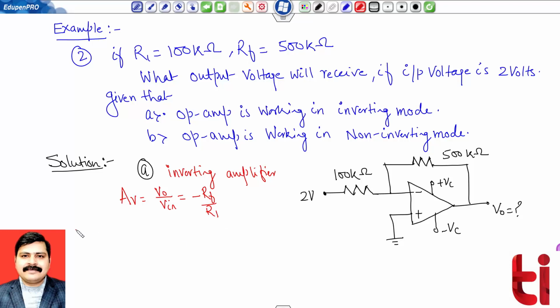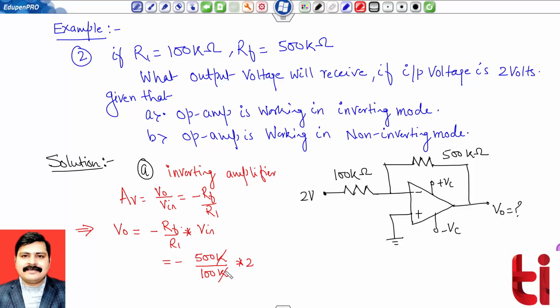With this relation, I can easily calculate output voltage V0, which equals minus Rf upon R1 multiplied by input voltage Vin. So put all these values: minus 500k divided by 100k multiplied by input voltage 2.